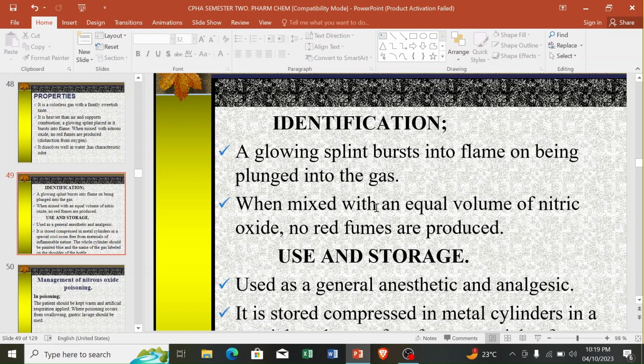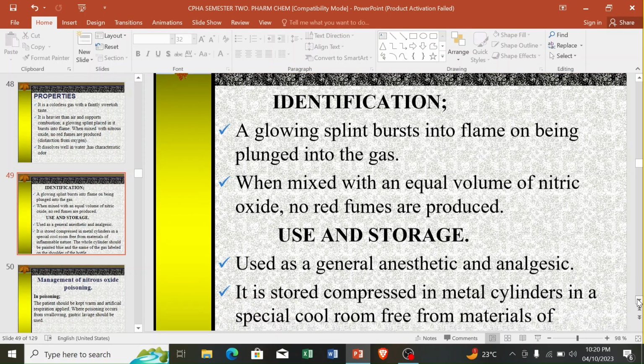When mixed with an equal volume of nitric oxide, no fumes are produced. This takes us back to the other side, for us to be in a position to distinguish between nitrous oxide and oxygen gas, since all of them relight a glowing splint.